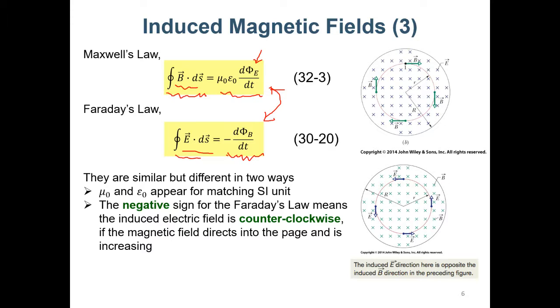And the next point is that this is positive on the right hand side, and this is negative on the right hand side. So for this case, the changing E field will generate a clockwise B field, but for this case, the changing B field will generate a counterclockwise E field.